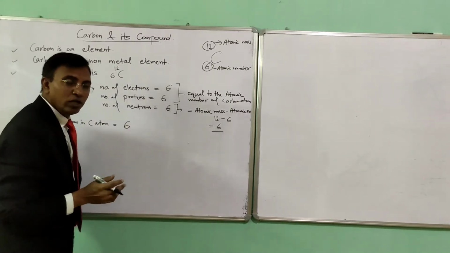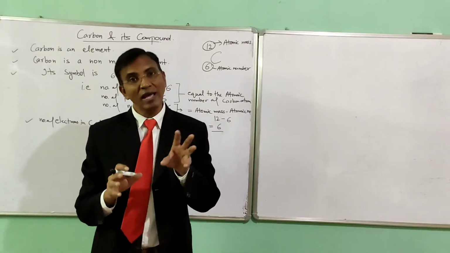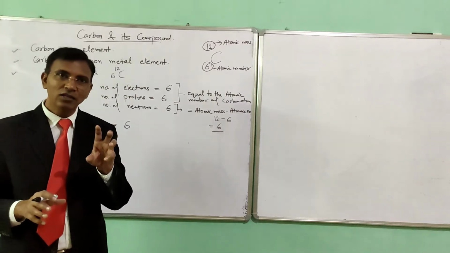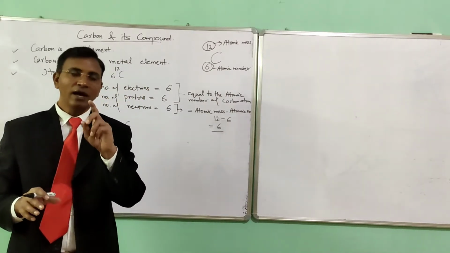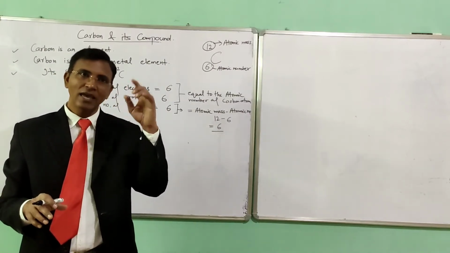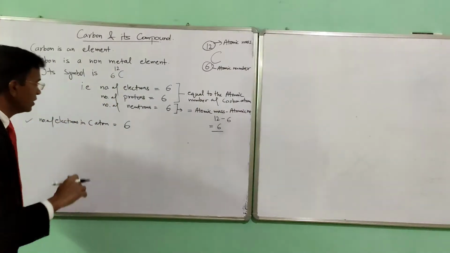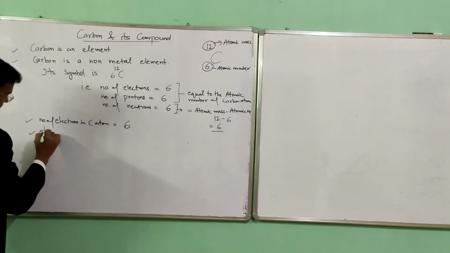So the electronic configuration of the carbon atom in the shells. An atom has a nucleus at the center, and outside the nucleus there are shells: K, L, M, N and so on.